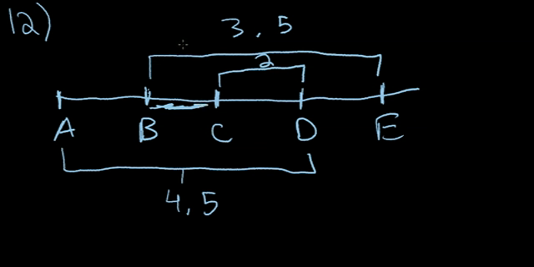So what we can do is, okay, let's subtract 2 from 3.5. So 3.5 minus 2 is equal to 1.5. So we know that the length of BC plus the length of DE is going to equal 1.5. And it doesn't matter how much it is. It just has to add up to 1.5.